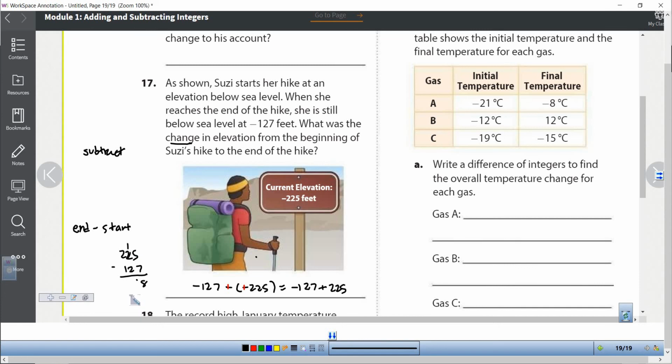And then 11 minus 2 is going to be 9. Okay, so the answer is 98. All right, so 98 feet is the change. 98 feet is how far it is from being down 127 to being up 225, or actually backwards, from being down 225 up to 127.